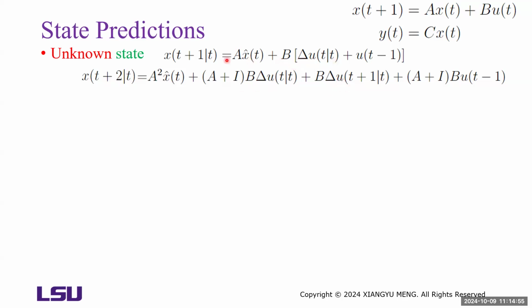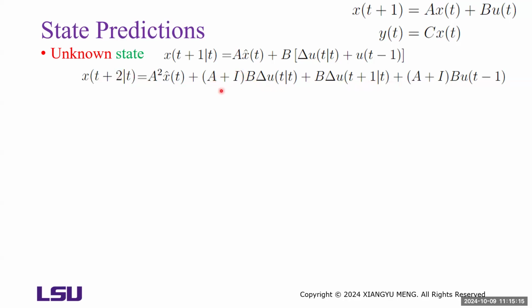Similarly, if we have u t plus 1, then it will be u t plus 1 minus 1, which is delta u t|t. It's like an increasing order for delta u t plus 1 until t plus k minus 1.